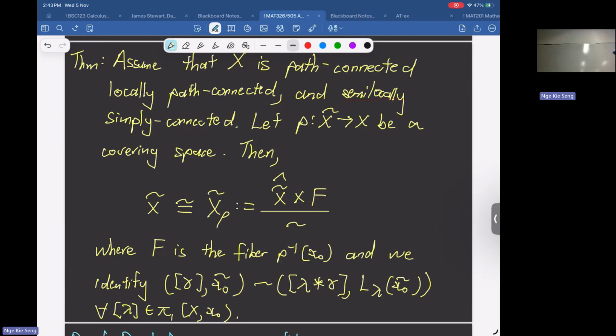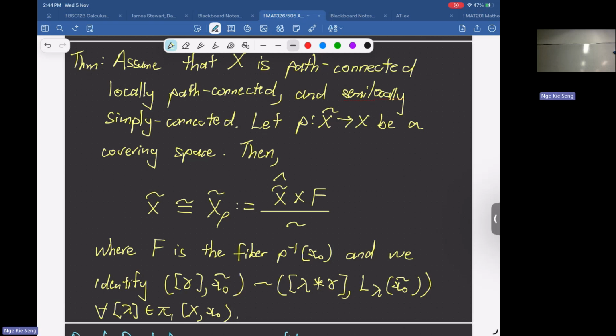For every point in the inverse image of the base point, you attach a universal cover. So this identification depends on p.